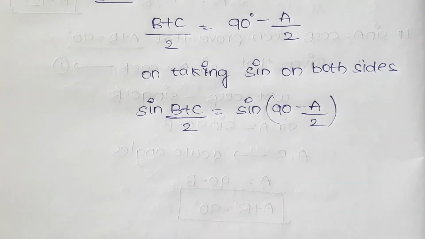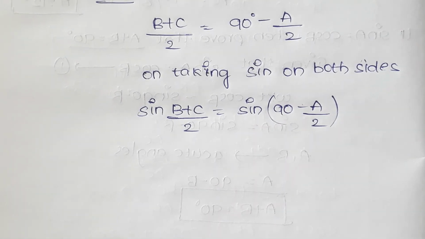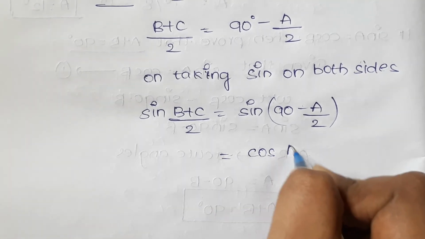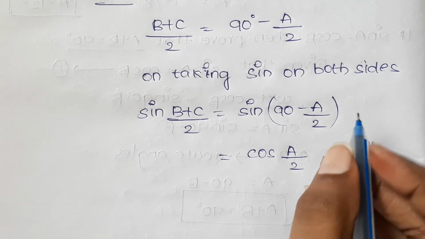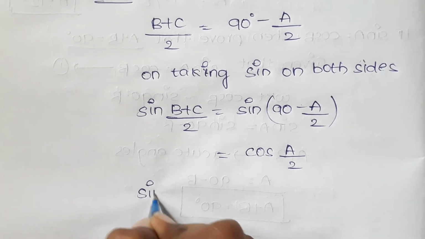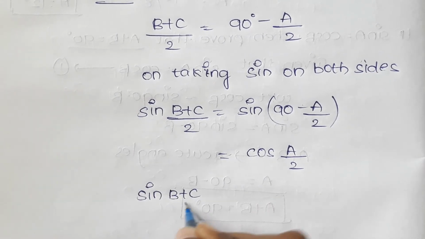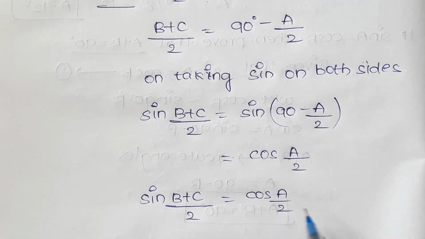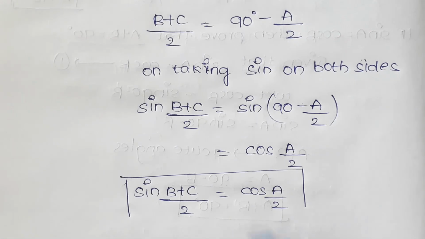We know that sin of 90 minus x equals cos x. So cos of A by 2, and hence sin of (B plus C) by 2 equals cos of A by 2, and hence it is proved.